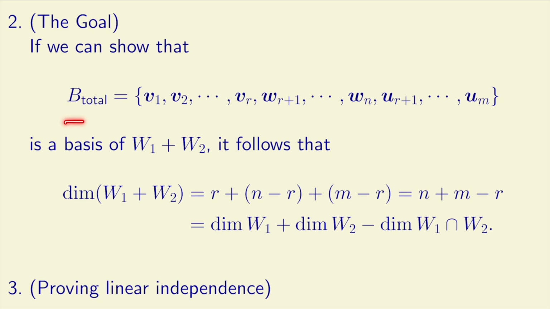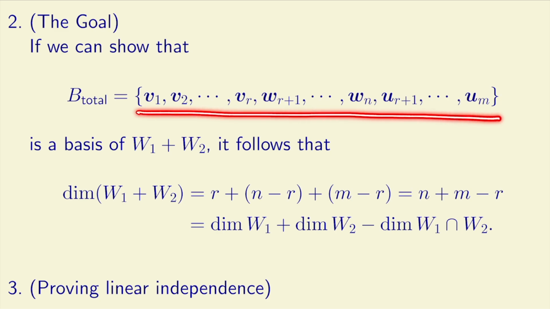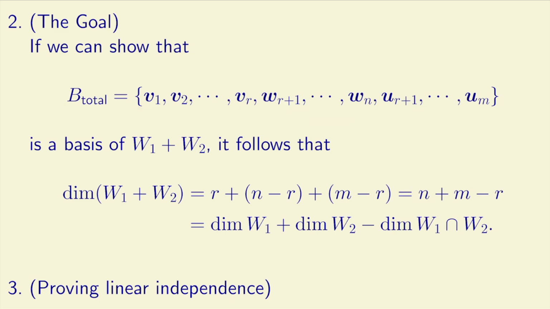And to prove that this set is a basis of this sum, we need to prove two things. First, these vectors are linearly independent, and second, these vectors generate this space. We'll prove these in turn. The first is to prove the linear independence.